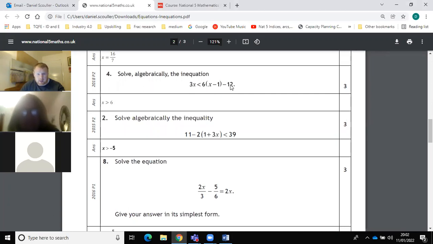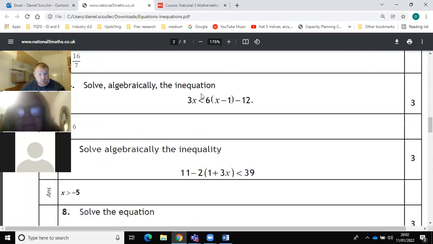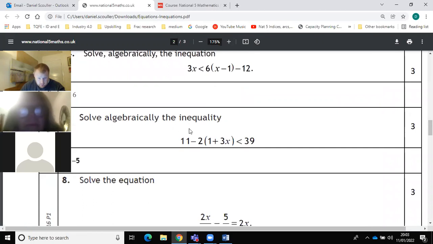Again, we need to clear everything away from that bracket before we can deal with it. So that 12 needs to come across, that 6 needs to come across, tidy up the left-hand side, and then deal with the bracket, and tidy it all up. Take it step by step. So have a bash at that as well. Your skills should be good enough for that.